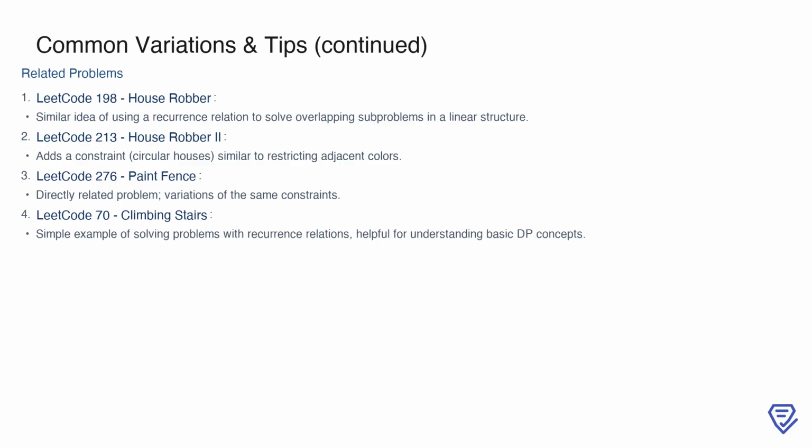Of course, LeetCode 276 is the direct problem we're addressing here, but variations of the constraints can create new challenges. Another related problem is LeetCode 70, climbing stairs, which serves as a foundational example of solving problems with recurrence relations. This problem, while simpler, is a great starting point for understanding basic dynamic programming concepts and applying them to more complex scenarios like paint fence.